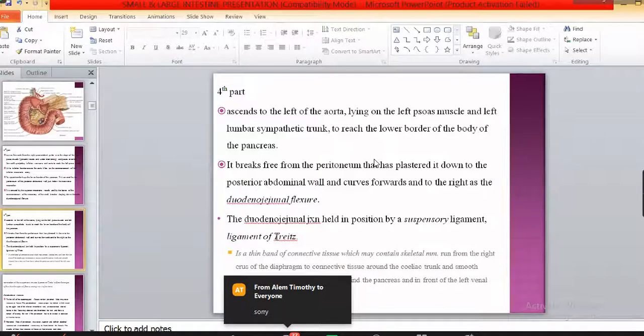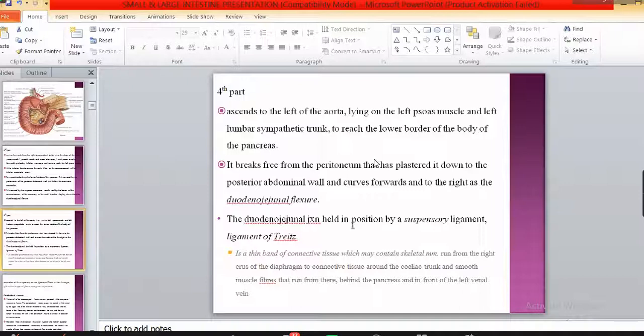Now, the duodenojejunal junction is not like you get a continuation. You don't have a clear line which says the junction is here. It's not like a corner, but we have the ligament of Treitz to guide us to point to where the junction is between the duodenum and the jejunum.